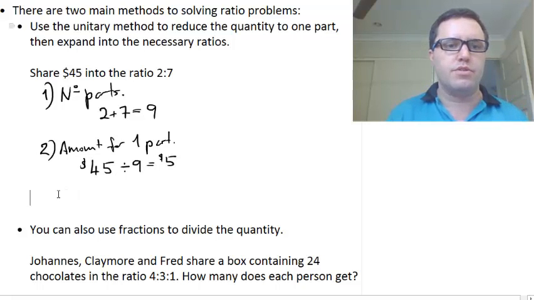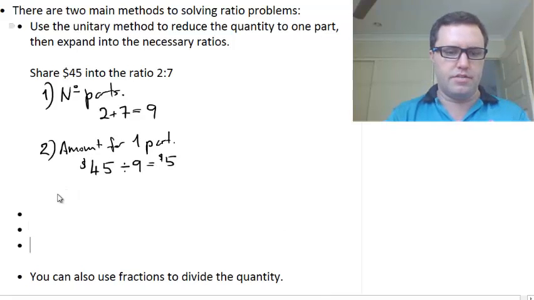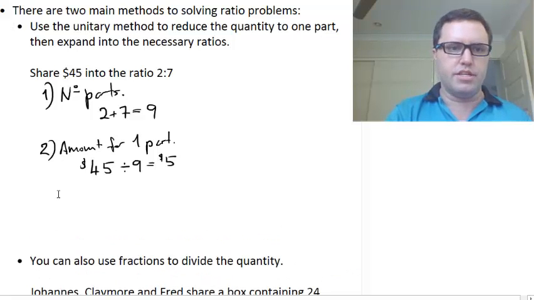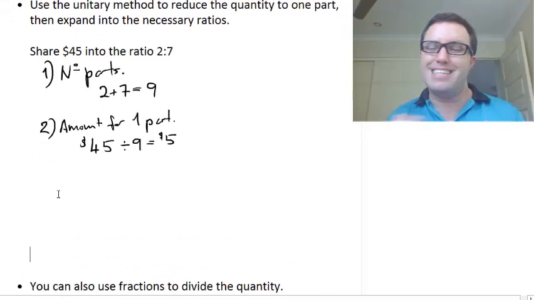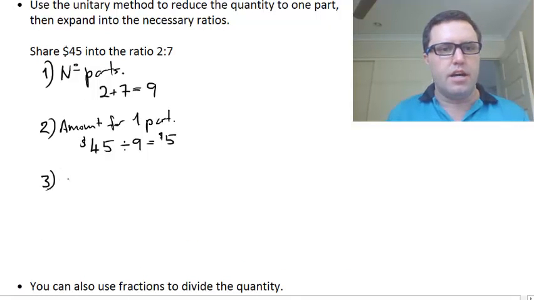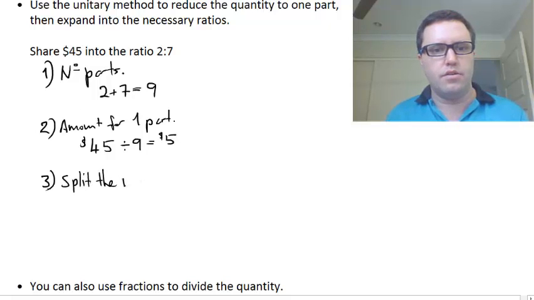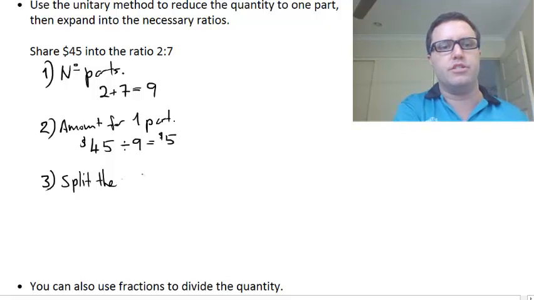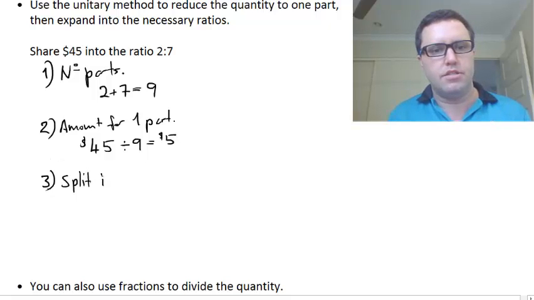Once we've got that part, which is kind of the trickiest part, out of the way, sometimes it's easy to forget we actually need to do what we're asked to do, which is split into the ratio.